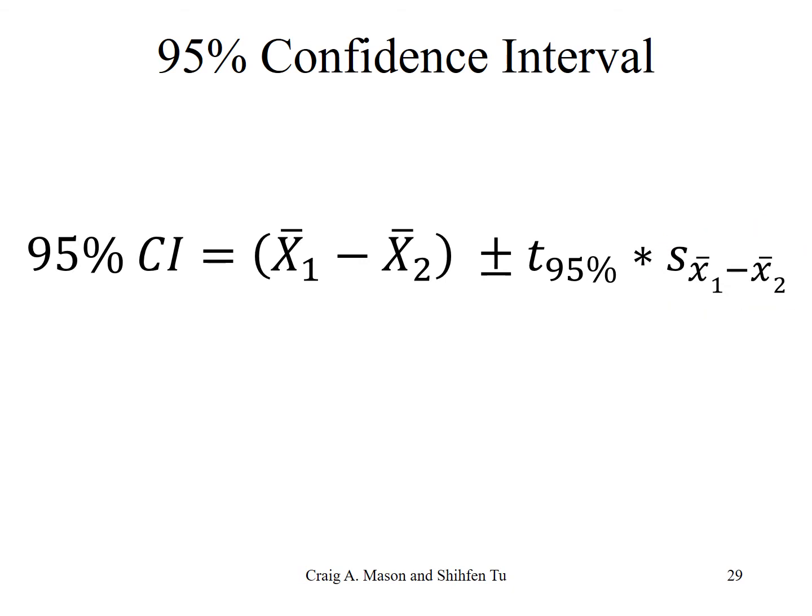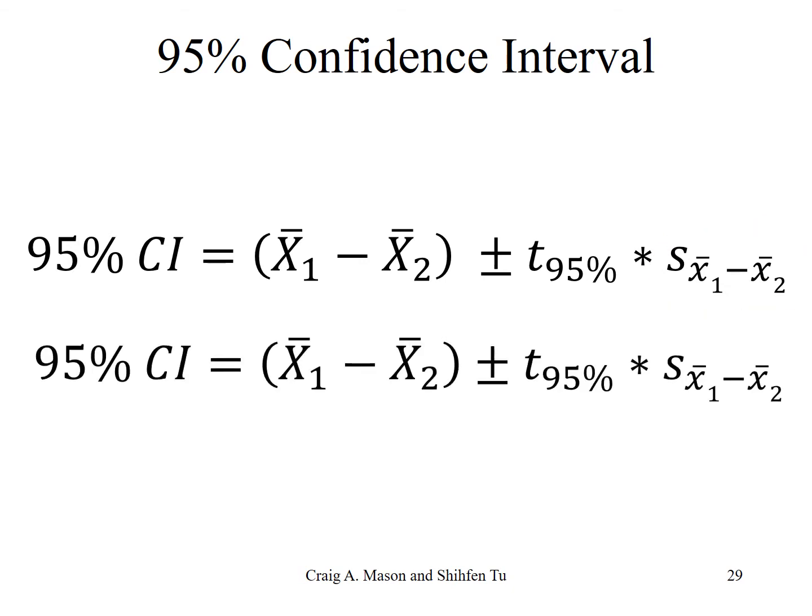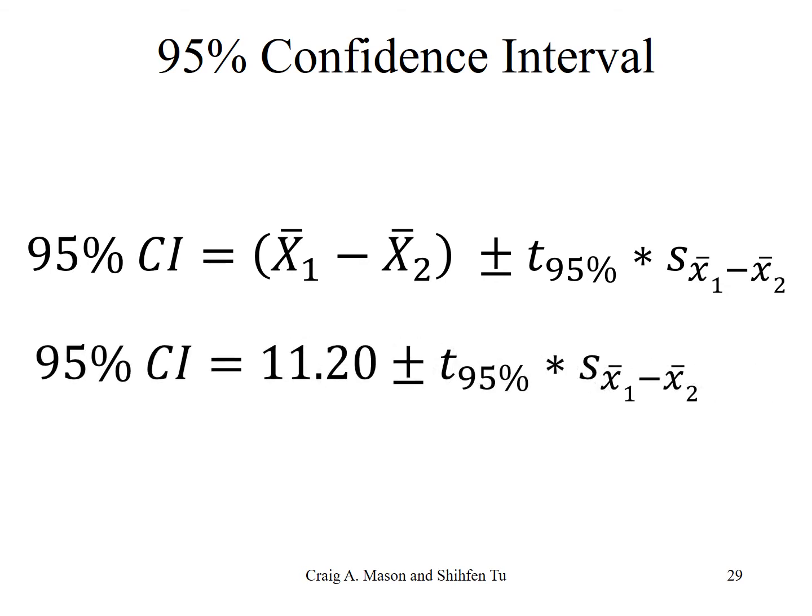So let's plug in values. Our 95% confidence interval is equal to the 11.20 we already calculated, plus and minus the two-tailed t-score that bounds 95% of the t-distribution when we have 84 degrees of freedom.